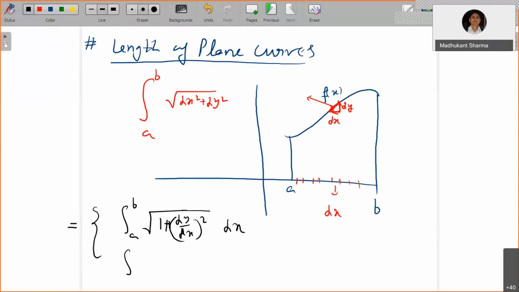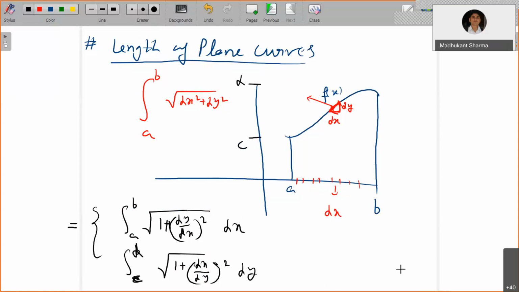Another form is the integration c to d of the square root of 1 plus dx by dy whole square dy. So either way, you can work with it.